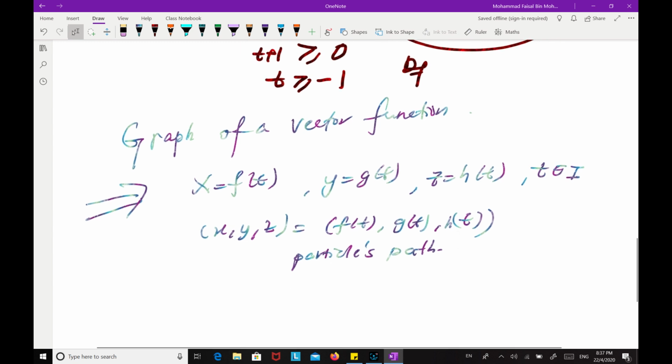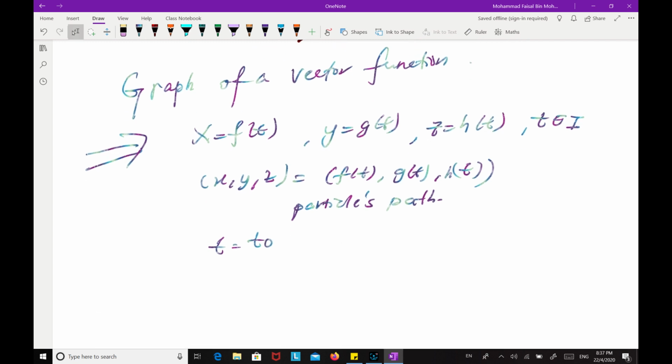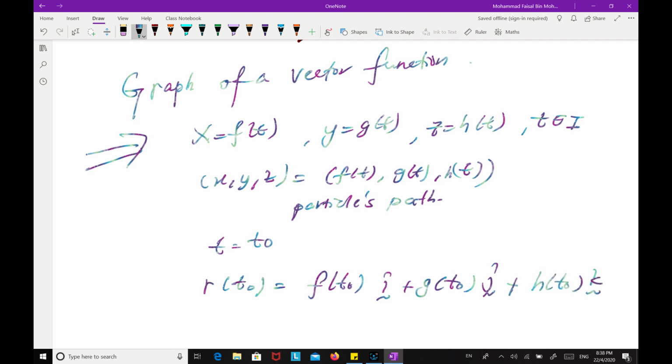So when t equals t naught, at a particular point, I can write the particle's position vector as f(t naught) i plus g(t naught) j plus h(t naught) k.